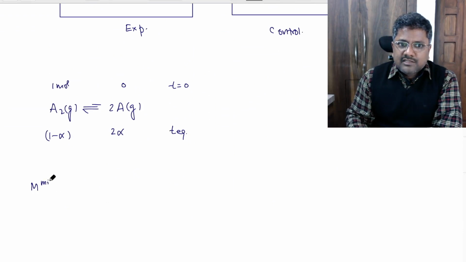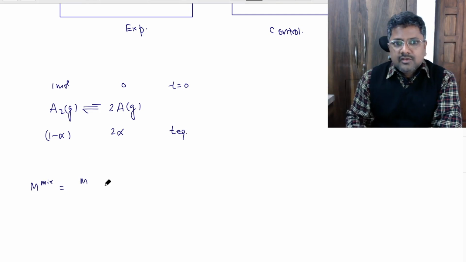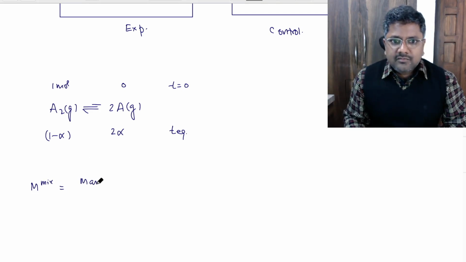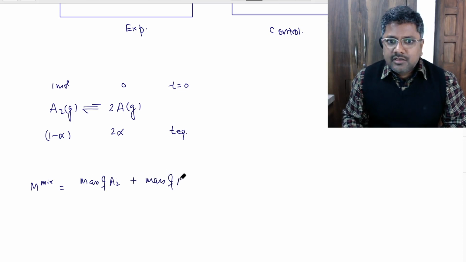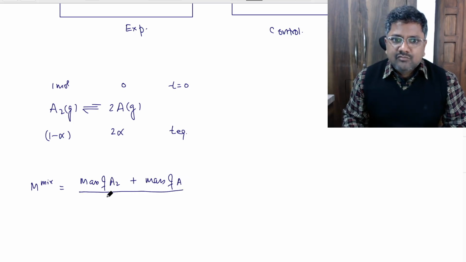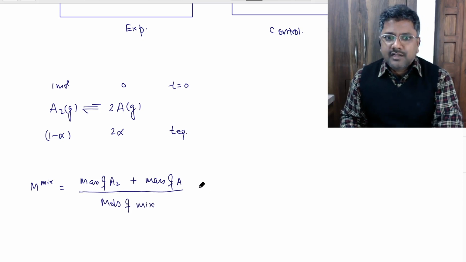See, the molar mass of mixture is equal to, we can write here, moles of mass of A2 plus mass of A divided by moles of mixture, right?